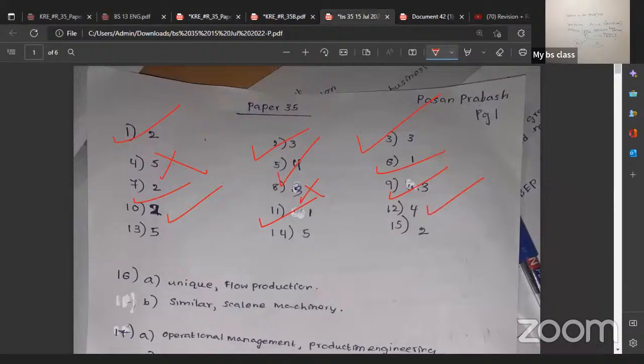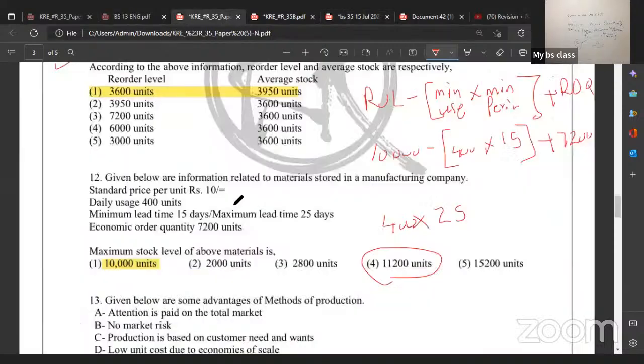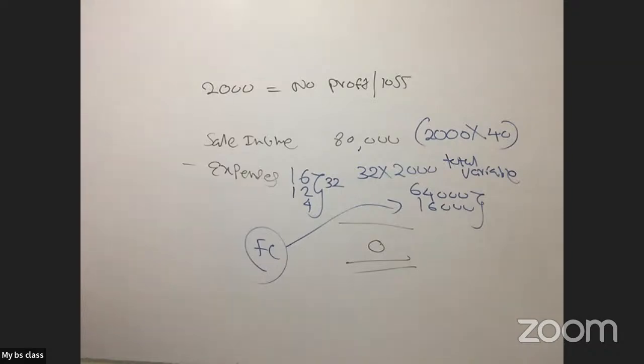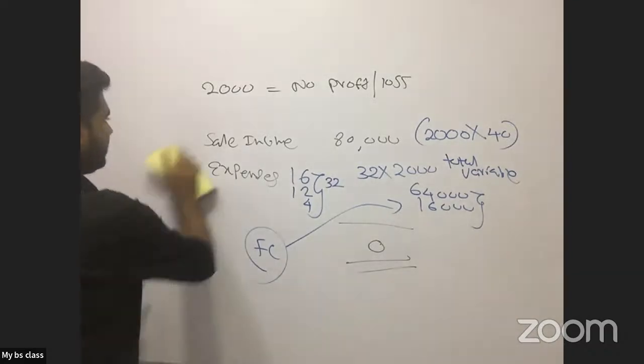What went wrong there? මොනවාද ප්‍රශ්නේ අහලා තියෙන්නේ? ප්‍රශ්නේ අහලා තියෙන්නේ maximum stock level එක. ඔයාලට maximum stock level එකට එකපාර reach කරන්න බෑ, right?